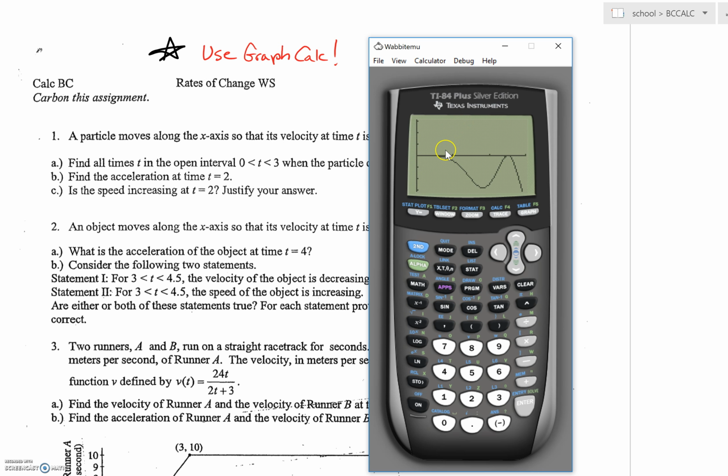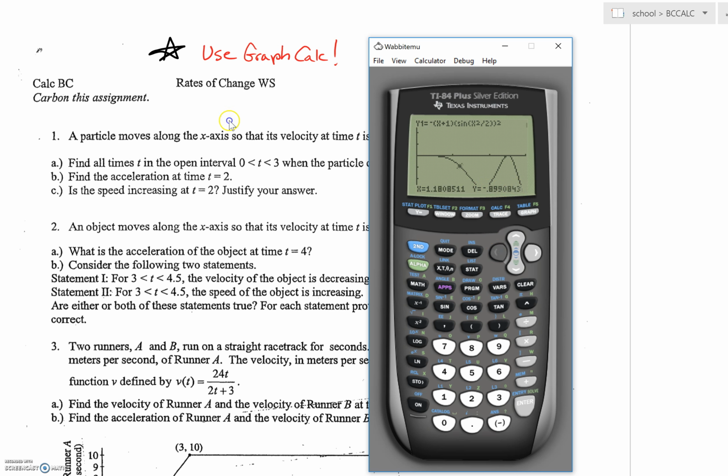And so rather than solve by hand and rather than trying to do a number line check, plugging things in, it's like we're seeing the x-axis as our number line. You can see we expect our velocity to be negative a lot of the time, but what's happening in those other areas? Hit trace, and I'm going to backtrack, and you can look at these y values.